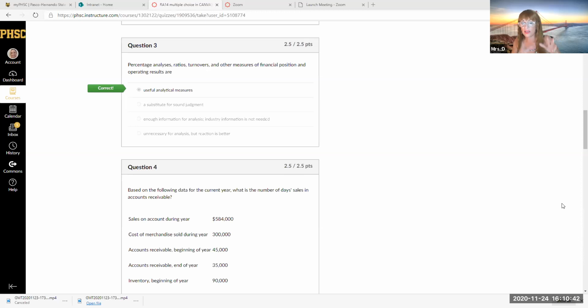You have to take beginning accounts receivable, ending accounts receivable, and add them together and divide by 2. What did we get? We got 40,000, remember? Remember when we did this problem like about 10 minutes ago? So what is it? 45,000 plus 35,000 divided by 2 equals 40,000. But we're not done yet.